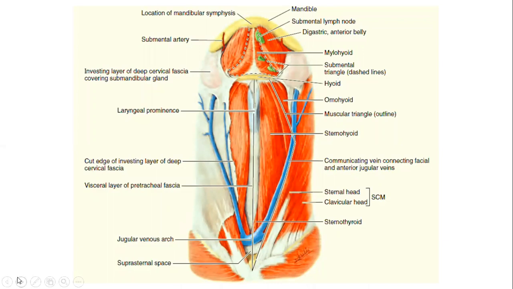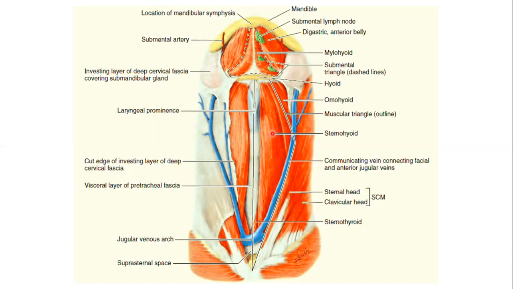This is a simple picture, a superficial dissection of the anterior cervical region, and you just focus on the muscles. This is the hyoid bone, and this is the mandible. Above the hyoid we have the muscles labeled as the suprahyoid muscles, like the digastric. Below the hyoid bone are the infrahyoid muscles.